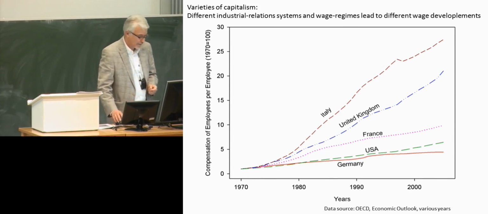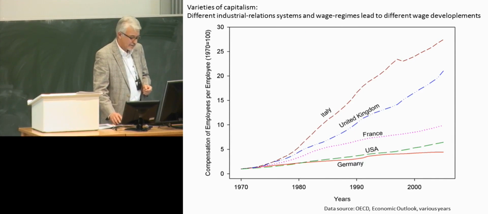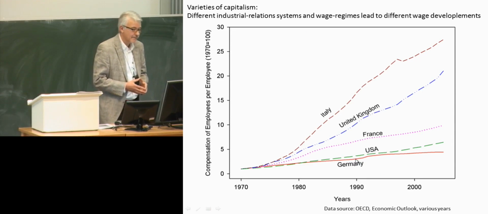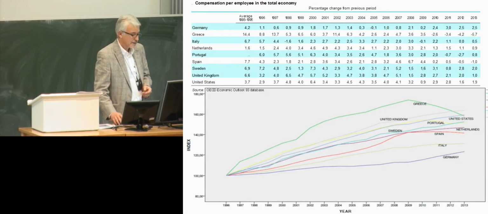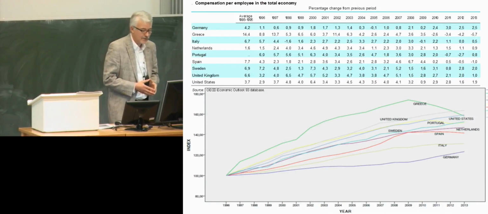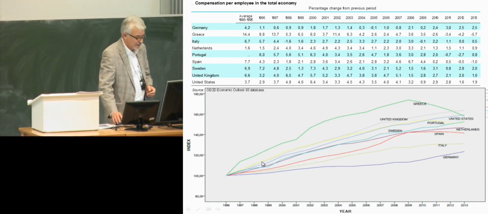Look here, starting in 1970, the compensation of employees per employee rose steepest in Italy, high in the United Kingdom, France, but the increase in wages was much lower in Germany. Here we have the same picture starting in 1996 to 2014.